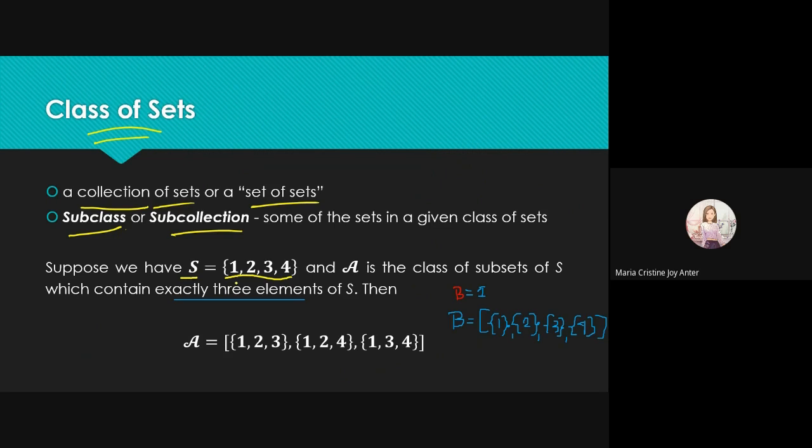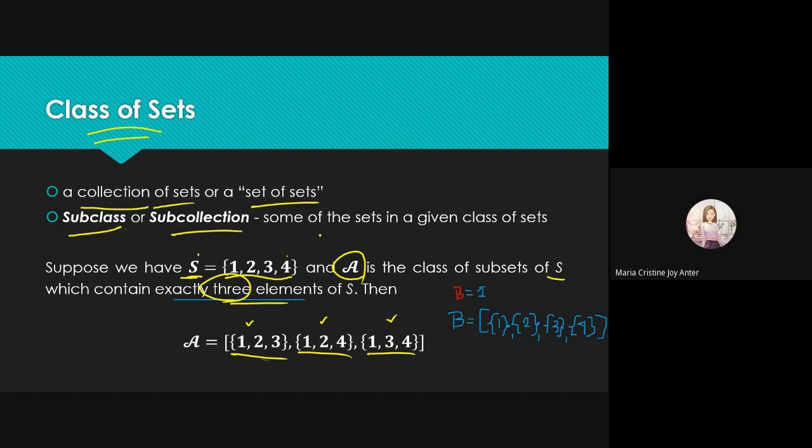We write it in a calligraphic form of the letter. This is a class of subsets of S which contains exactly 3 elements of S. Meaning, from set S with elements 1, 2, 3, and 4, we create subsets that have only 3 elements each. So we have 1, 2, and 3; 1, 2, and 4; and 1, 3, and 4.